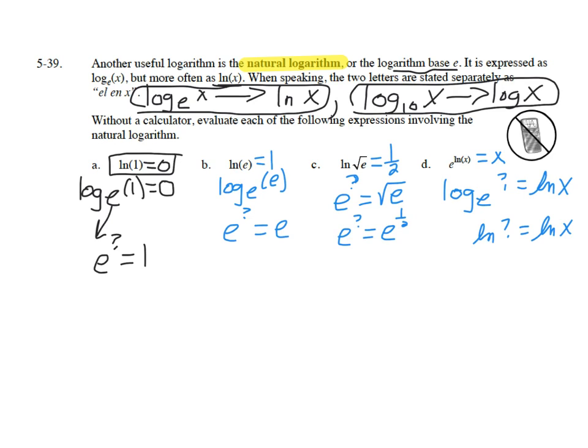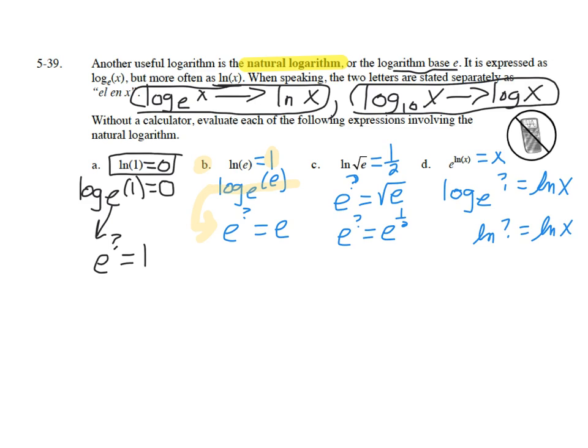You can see the answers are written here for you. And in part B, we have the ln of E. And so another way to write that would be log base E of E. And using our definition of logs, E to some power has to equal E. Well, that has to be a 1.